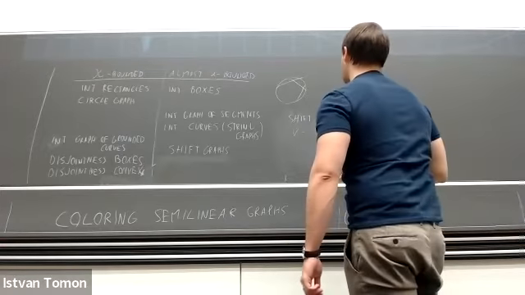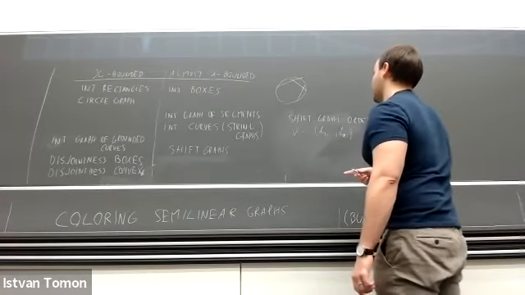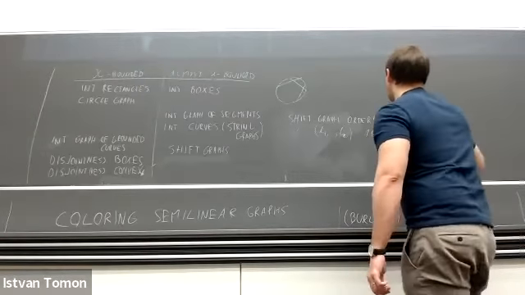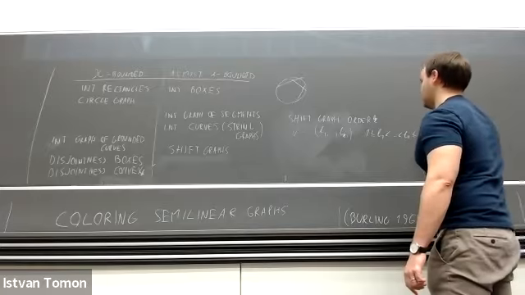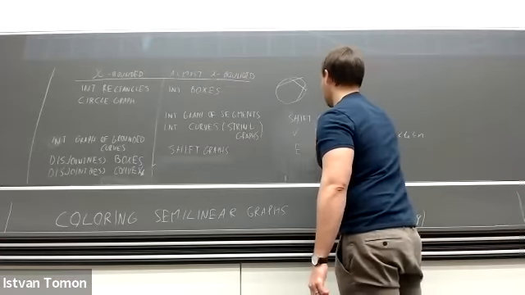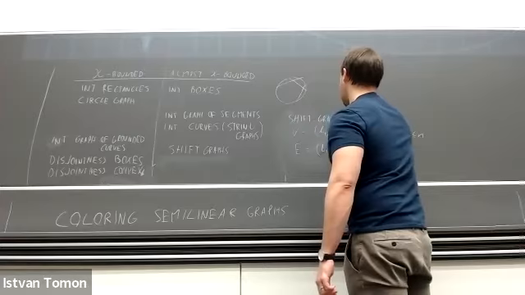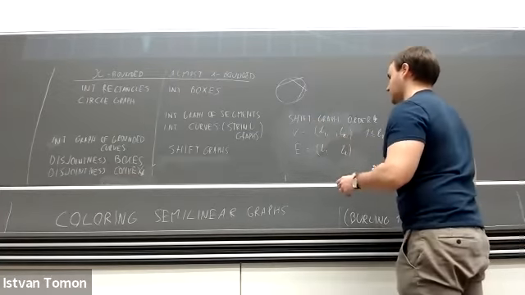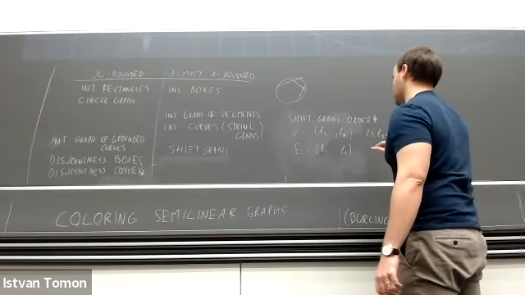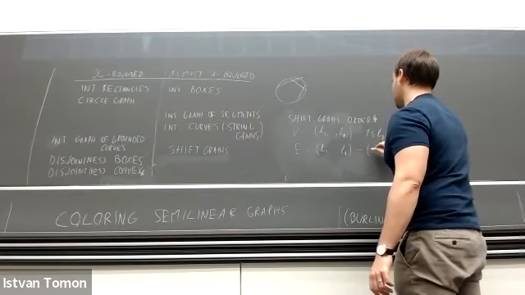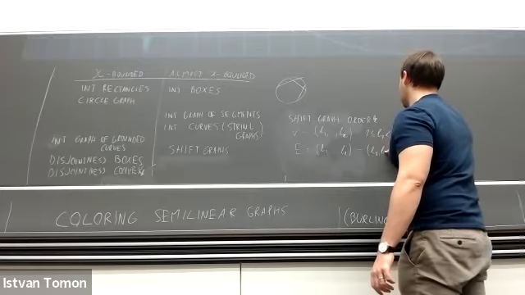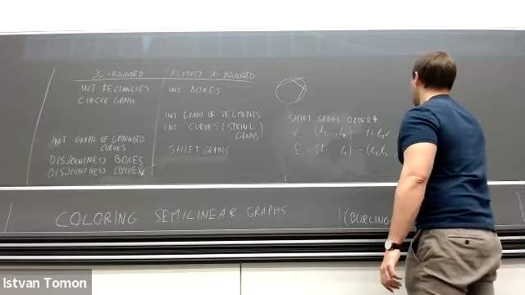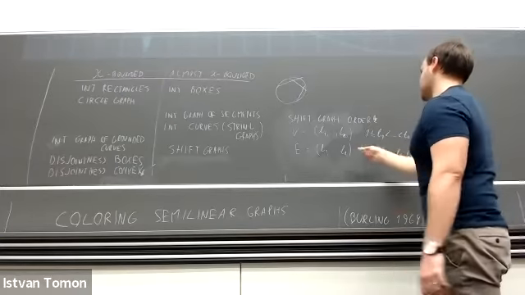So the vertices of this graph are the k-tuples of integers, satisfying that they are strictly monotone increasing between one and n, and then the edges are those pairs where the last k-1 tuple is the same as the first k-1 tuple of another tuple. So all edges have this form.